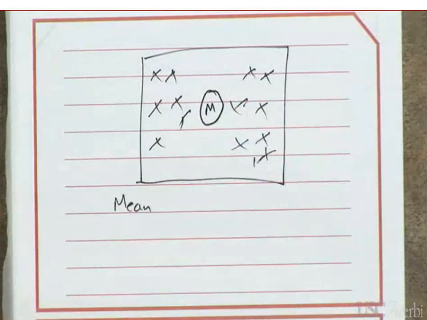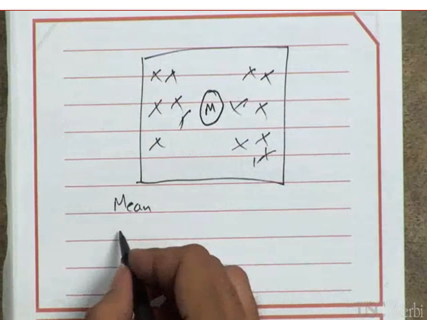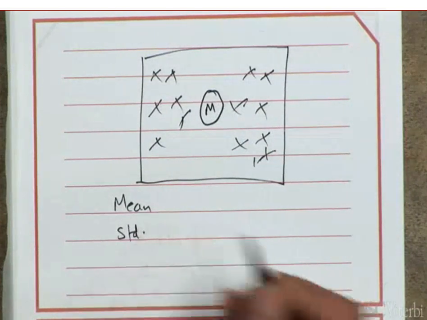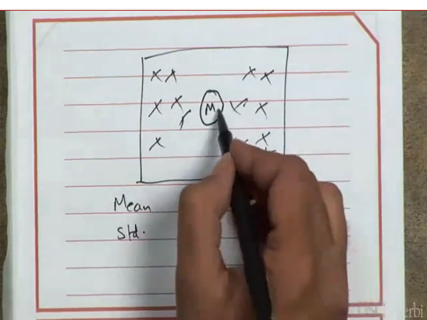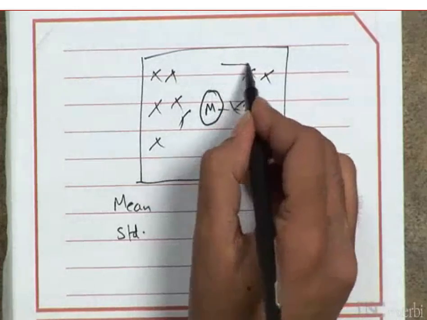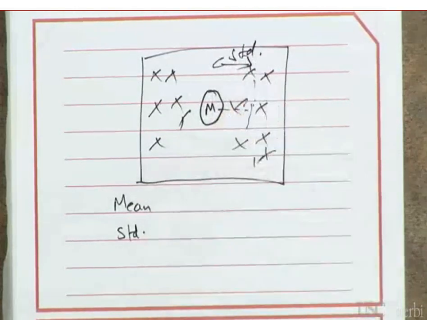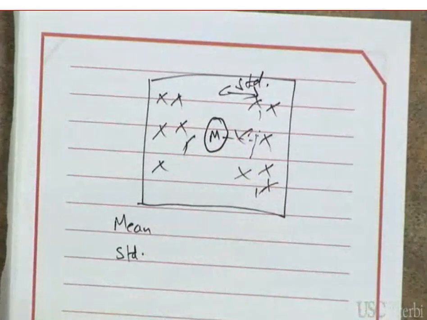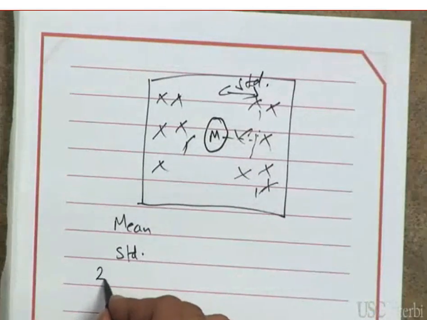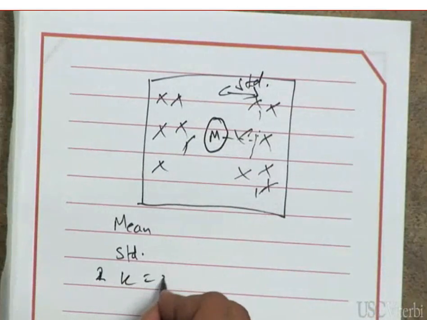Okay, then I calculate the standard deviation, right? So standard deviation is about this much distance. Then I can create 2 cluster centers, since I'm assuming k equal to 2 here, in this example.